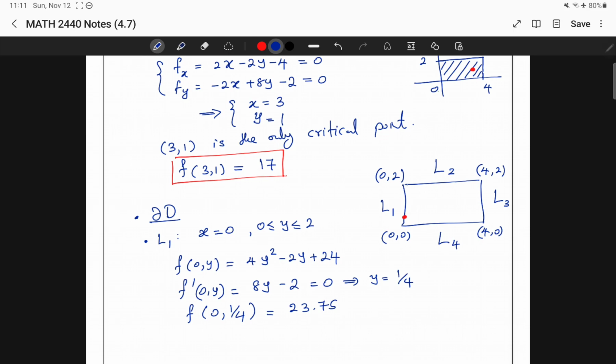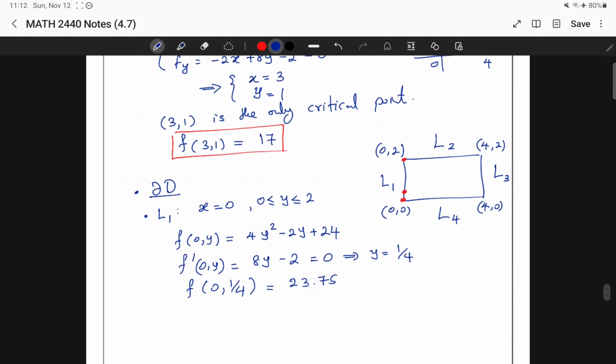Now we need to find the maximum and minimum for a line segment. You need to take care of the boundaries also. So these two values, now let's find out these values also. The boundary points are f(0, 0), you plug in (0, 0), you get 24.